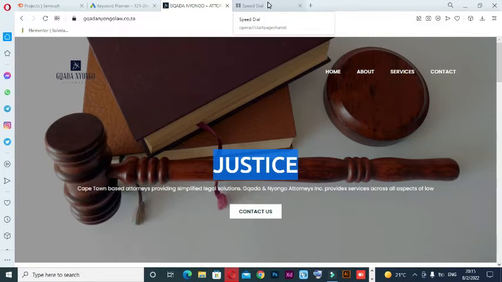So I will try to do a Cape Town search. Here we expect a phrase like Cape Town based lawyers, rather than the word justice, because the word justice I think might be improper here.